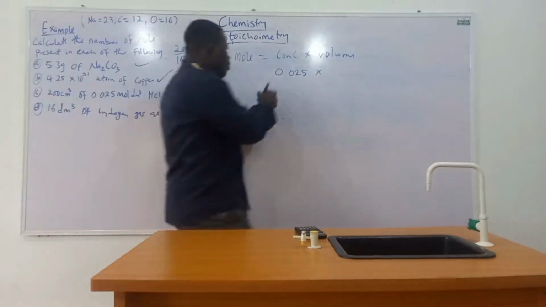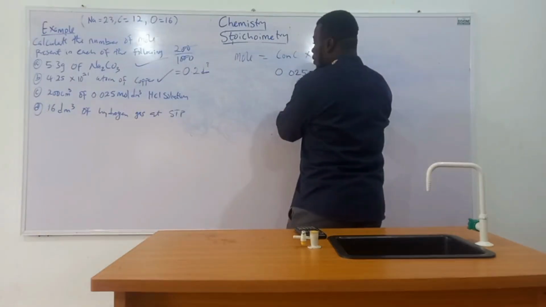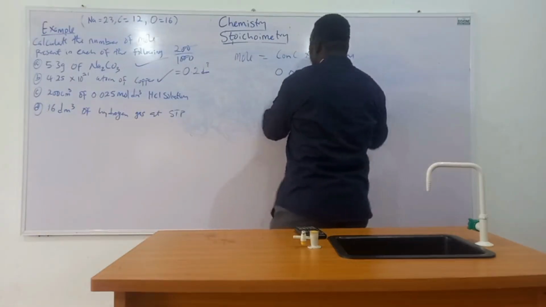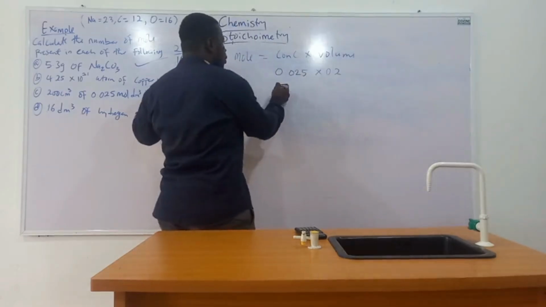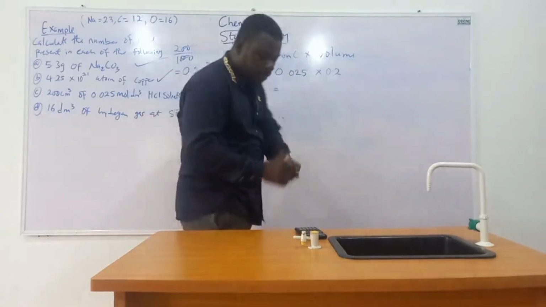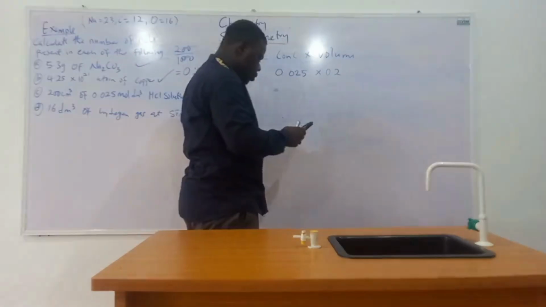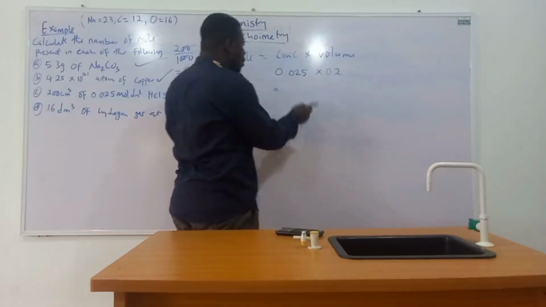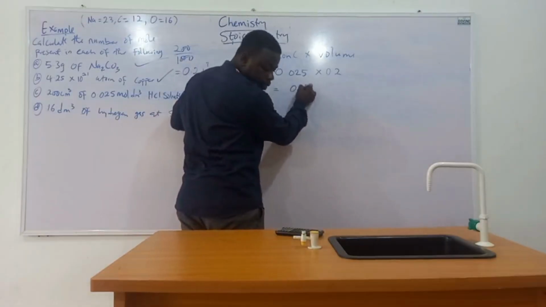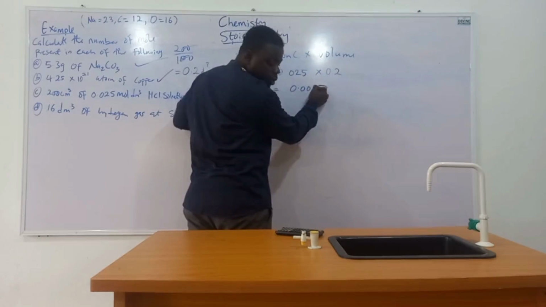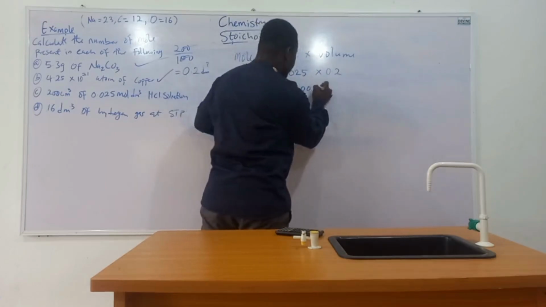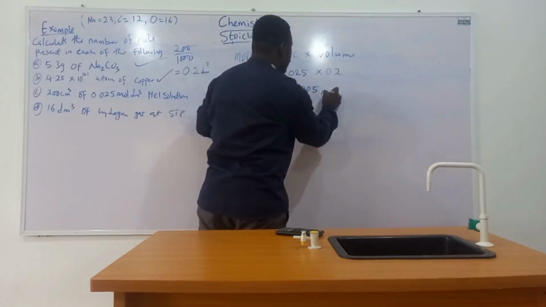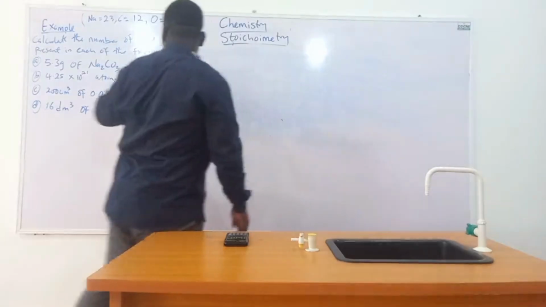So this will now be 0.025 times 0.2 we just converted. So this value, press that on our calculator, will be 0.005 mole.